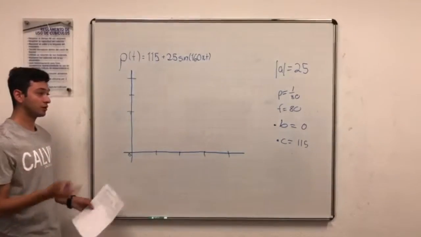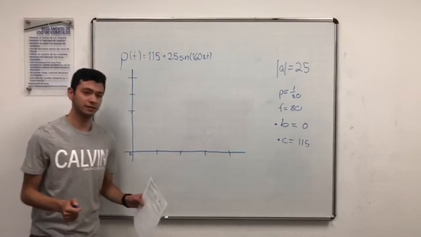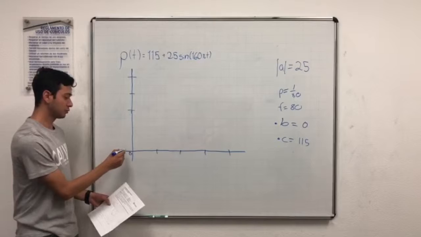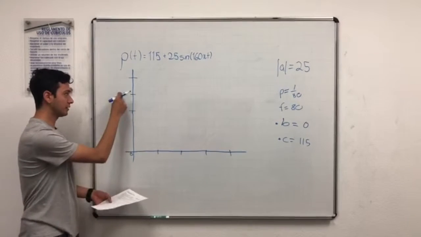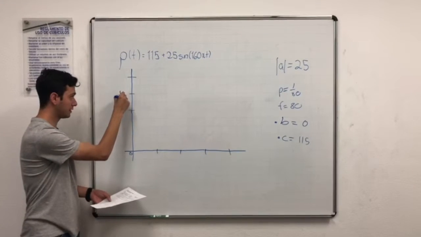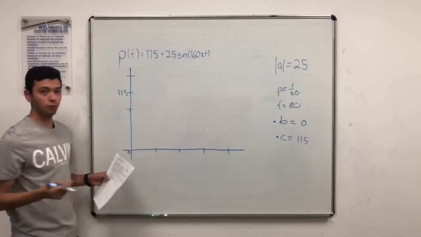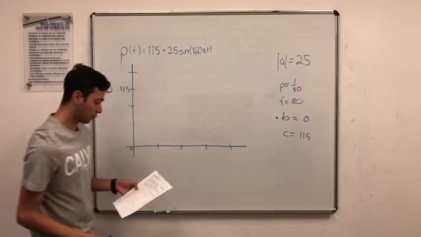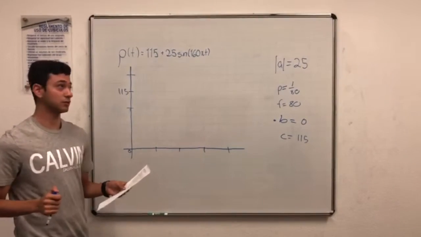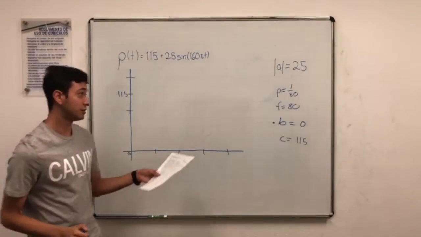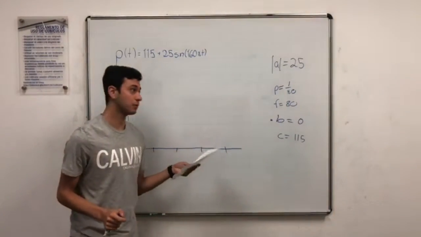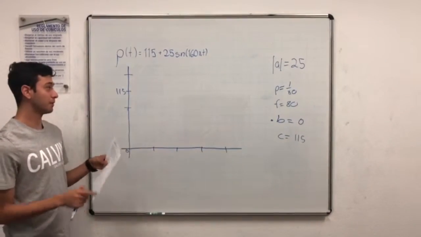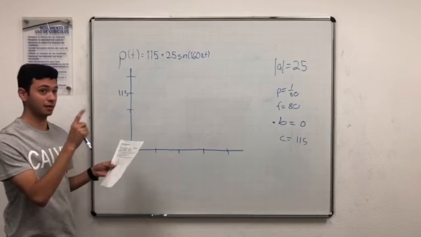So now we are going to start graphing. As we got the new x-axis, we need to count 115, and it will be here. So we have now this C. Now what we need to do is use the amplitude. We know that it is 25, so it will be 25 up and 25 down.